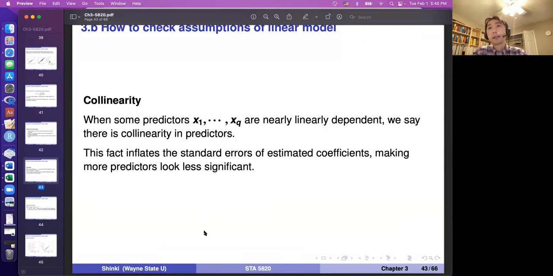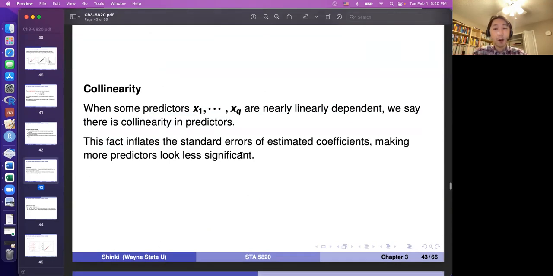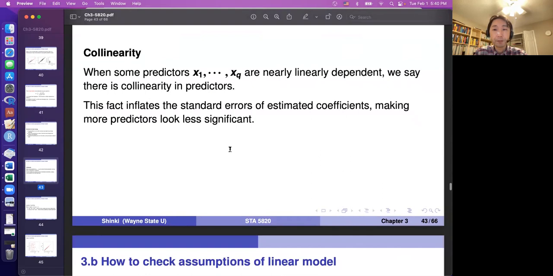To be exact, the coefficient divided by its standard error is very small, so the denominator gets inflated. That is the usual phenomenon when we have almost linearly dependent predictors.